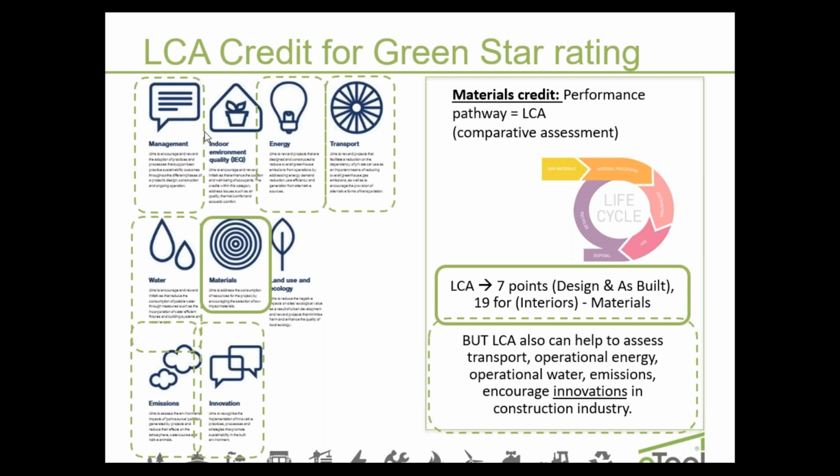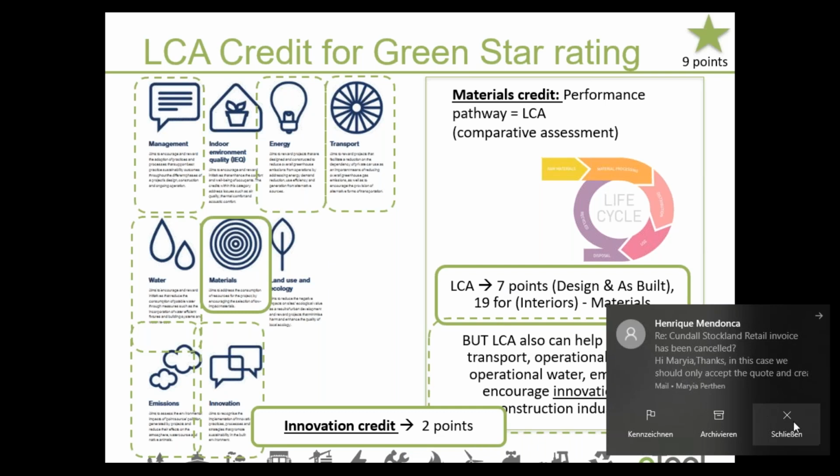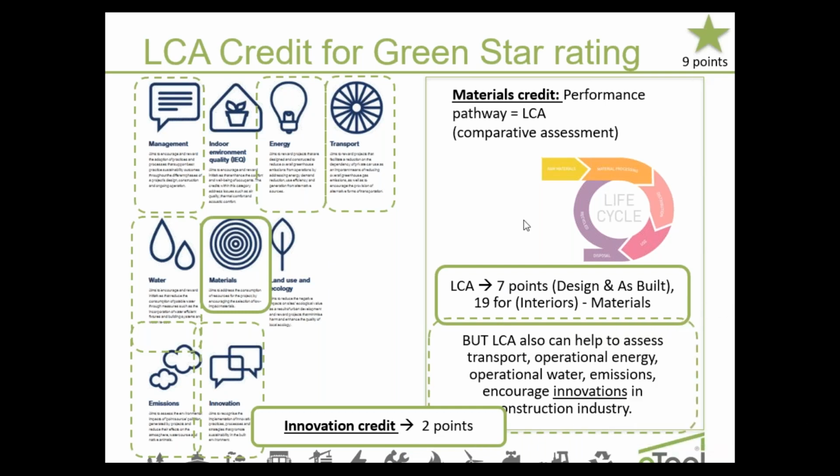However, as you already have a feeling, LCA covers only other parts of the credit, so we cannot deliver them, but we can give some input for those credits. Very important, with using the LCA you can get some innovation credits, as I described before, 2 additional points available. So in total, 7 plus 2 will be 9 points.